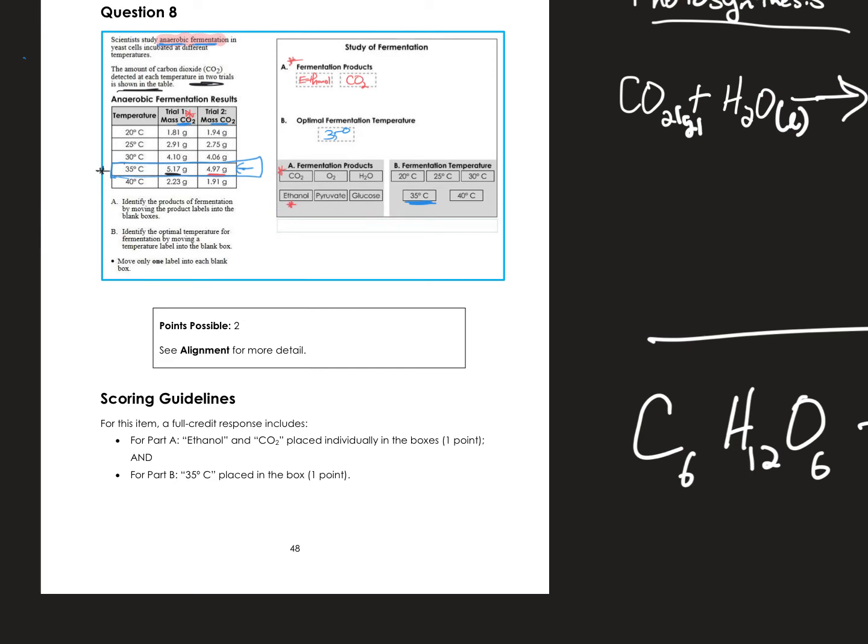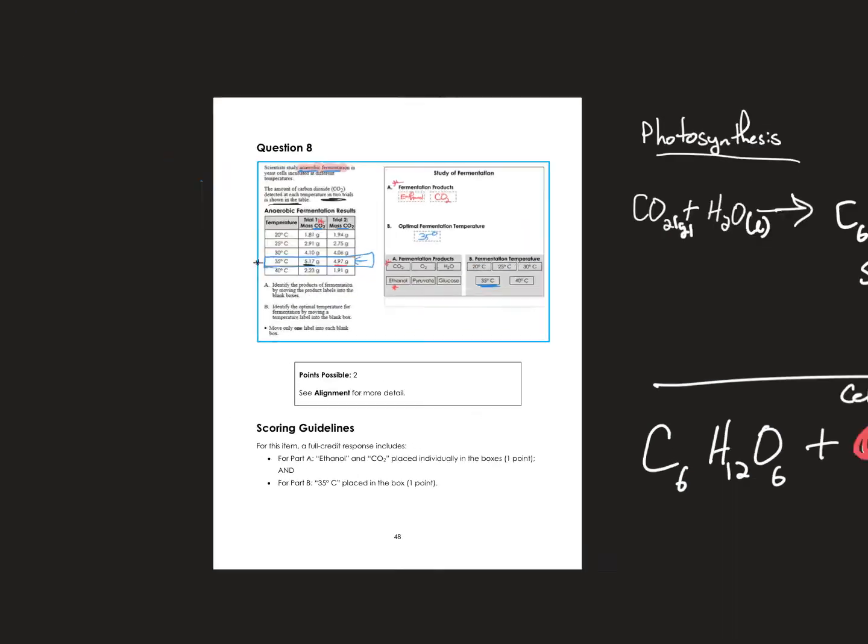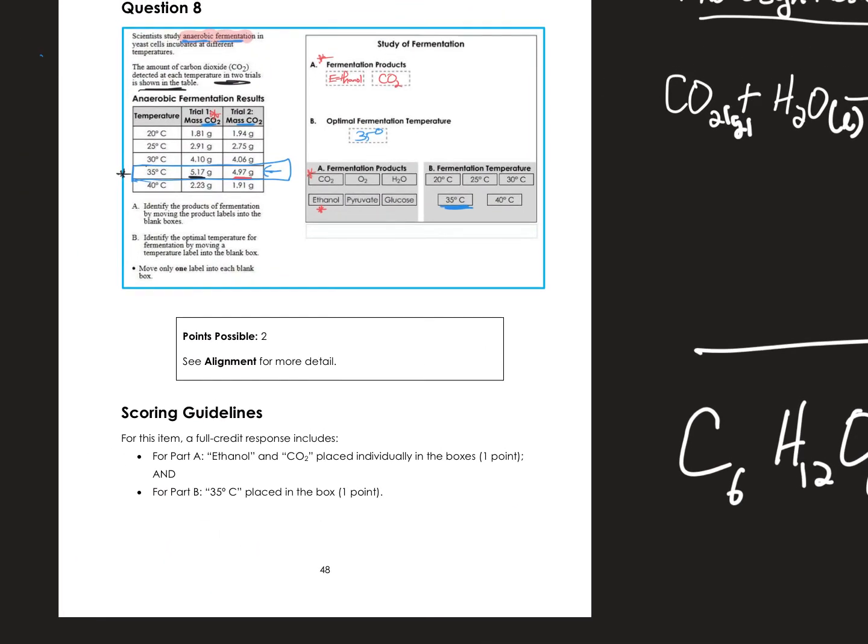Now, if this were a human or a mammal, it would be CO2 for fermentation and not ethanol, but lactic acid. It's the only change. And again, the temperatures are likely going to be similar. In humans, it won't be a similar temperature, but it'll be a similar result in that there will be an ideal temperature that's going to give you the best result.